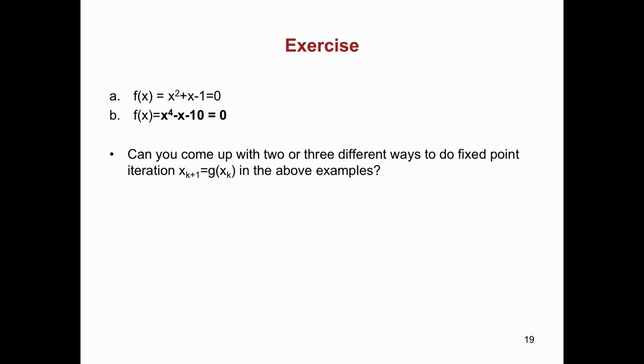So I'm looking to reformulate x to the 4 minus x minus 10 equal to 0 into x equal to g of x. So I'm wondering what is g. And there's multiple ways to do that. So can you come up with at least 2?